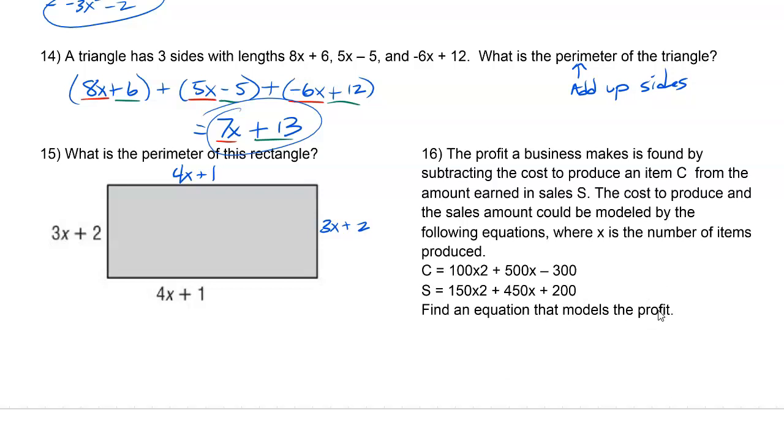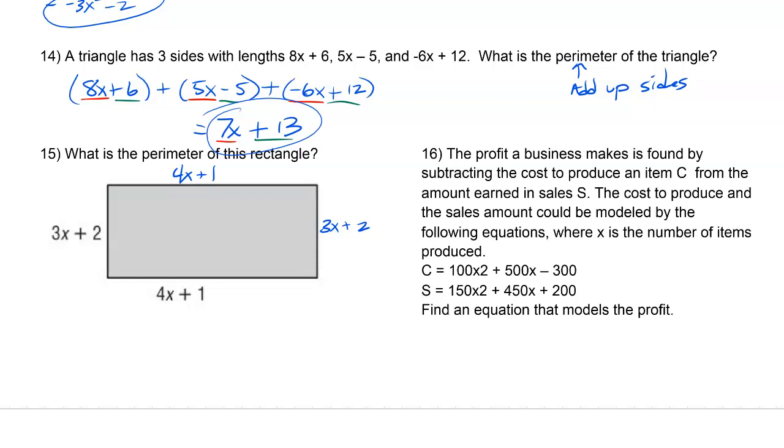I'm trying to remember it off the top of my head. So if you're looking at 16 on this review sheet, it's talking about cost and sales. I think the one on the test is something like profit and revenue or something like that. But in the problem, it tells you what to do. So that's kind of the similarity.